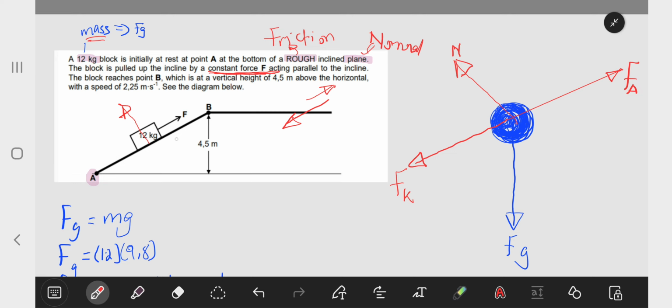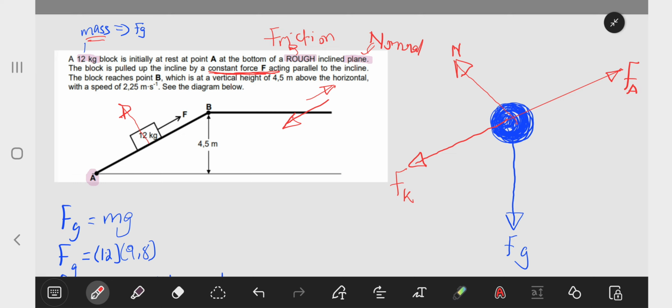Sometimes you can see from the diagram that there is a surface, then you already know that there is normal force. But to identify whether there is friction, you need to check whether this surface is rough or not rough. We were also given a constant force, which is an applied force in this case. And then we represented all these forces in a free body diagram.